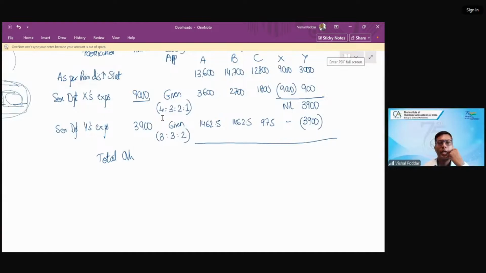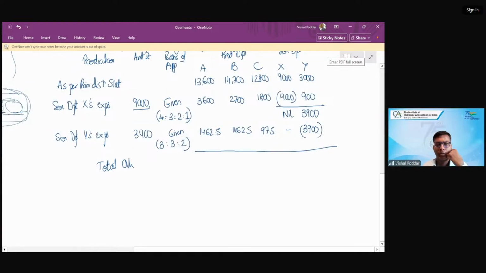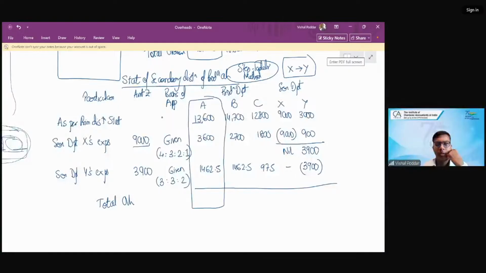Total of A is 18,662.5. B is 18,862.5. C is 13,575 after adding 16 plus 9, 25.